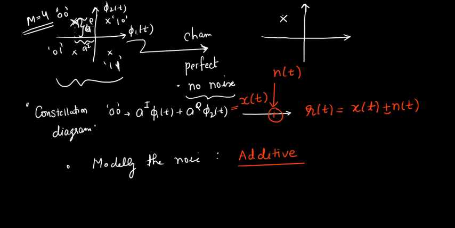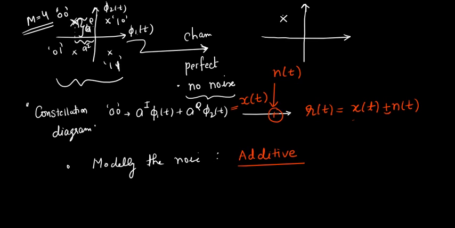Mathematically, we model it by saying that your signal is getting added with the noise. And practically, this noise is added at the front end of the receiver. How do you design the receiver, if you remember?